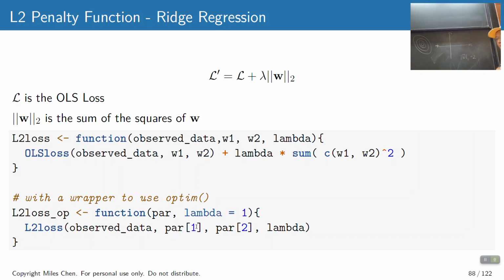Okay, if you're adding the sum of squares, if you're doing basically W1 squared plus W2 squared, you're going to get circles, right? X squared plus y squared equals some constant, or basically your radius squared. Okay, so you're going to get concentric circles here. And so you're going to see something similar, but also a little bit different, okay?